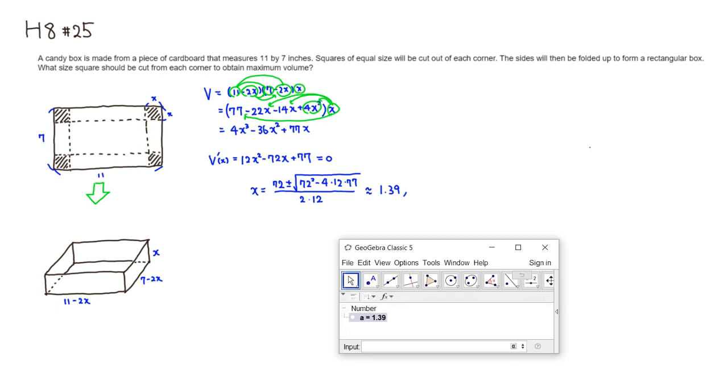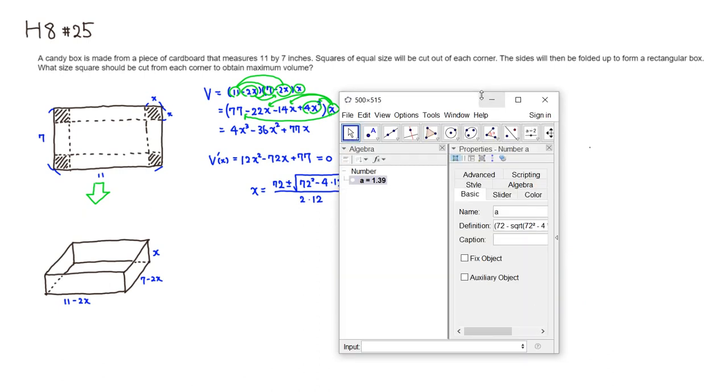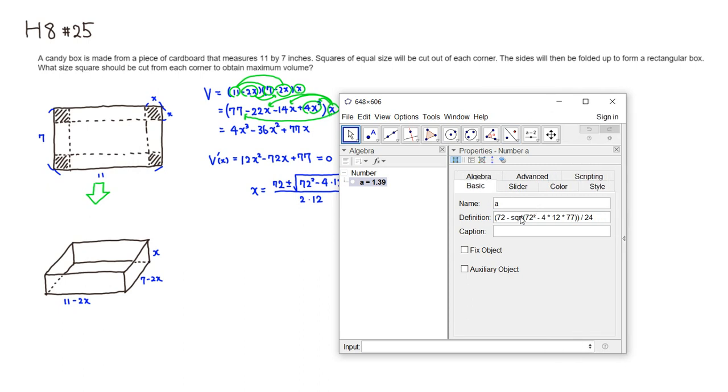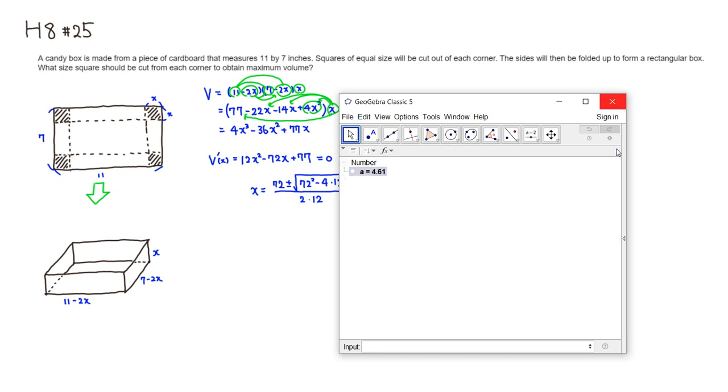Let's do the positive version. I'm going to open this up. I can't see it, so I'm going to make it a little bit larger. Since I just want to change that to a positive sign, I'm going to do a plus, then see what happens.